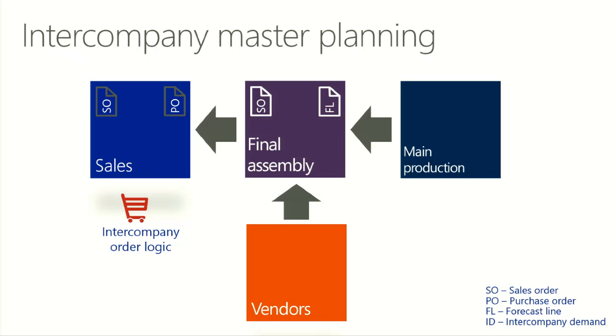If you're using futures, meaning that if you have a delay on something, let's say you have a component you cannot deliver on time, that has to go up all the levels, all the way up to the sales order to inform the salesperson that this order will be delayed. In order to do that with intercompany planning, you will have to do the planning multiple times.